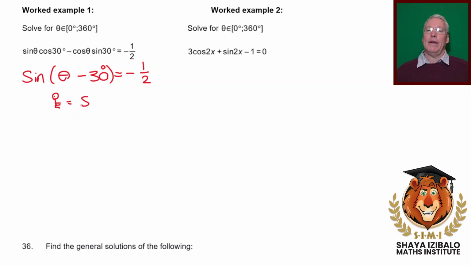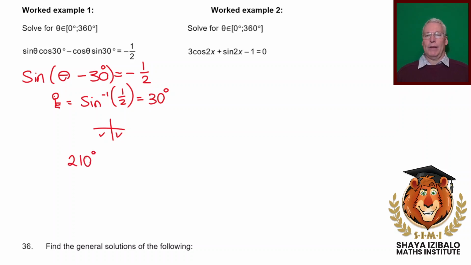All right, we're just going to undo sine of a half, and we get 30 degrees. Then we say to ourselves, which quadrants do we want to be in? Well, for sine to be negative, we want to be in quadrant 3 and 4. So one option is going to be 180 plus the key, and the other option is going to be 360 minus the key. Both of those can have 360 added to them.